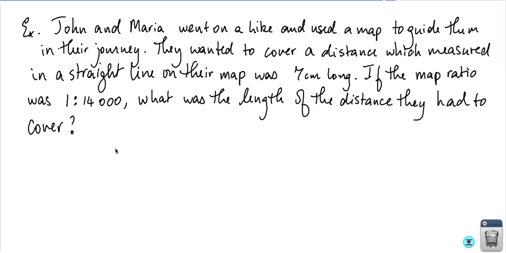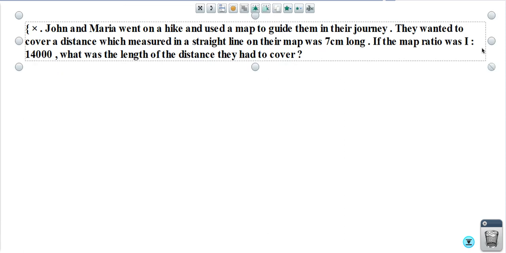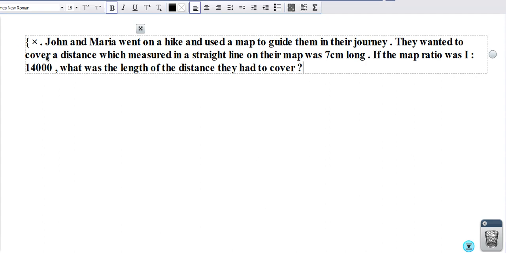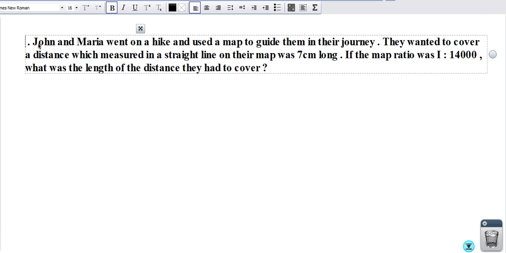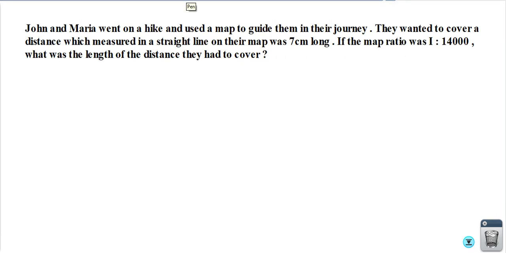So that is our problem. Let us see its solution.